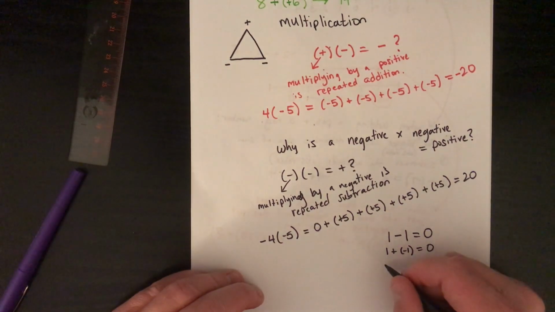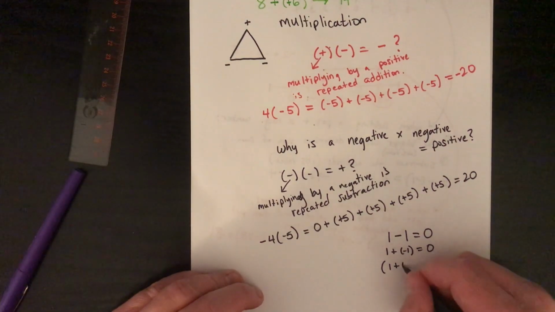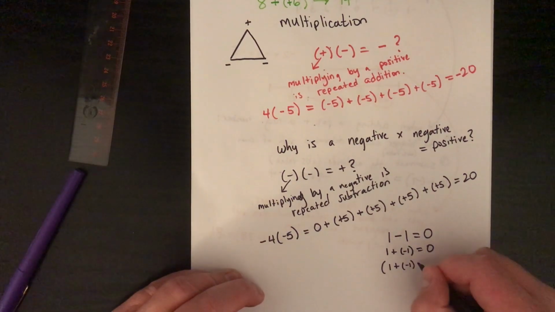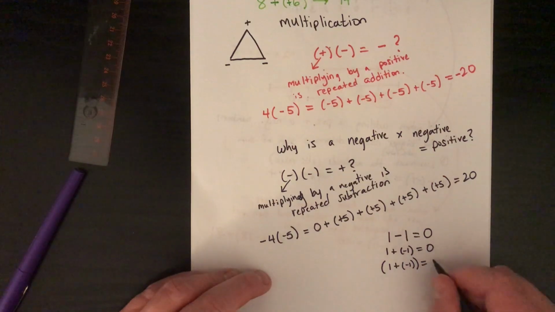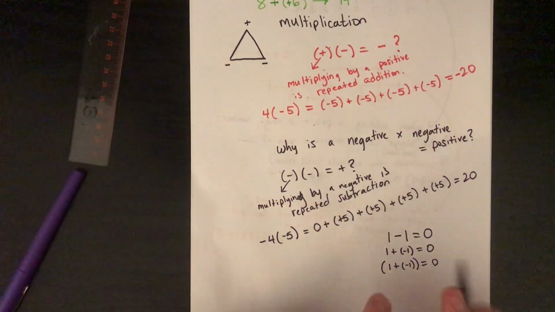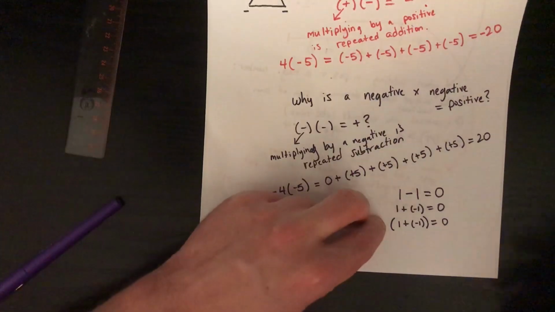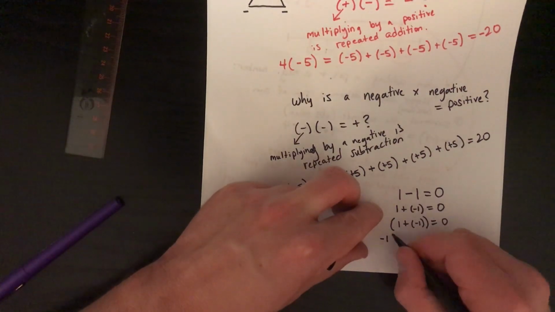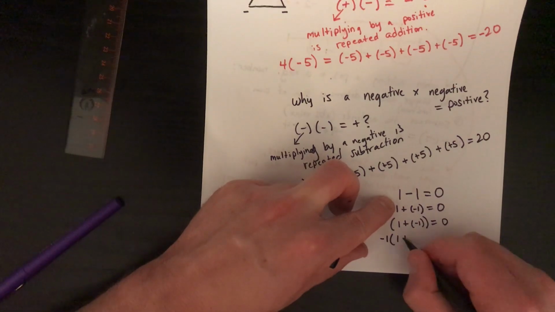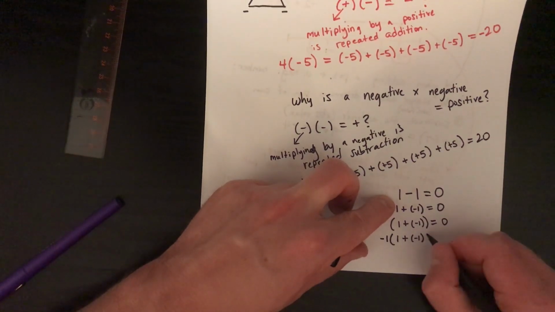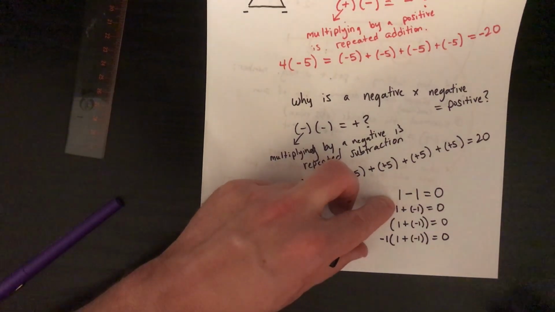And then I can put those things in parentheses without changing the values, right? 1 plus -1 in parentheses equals 0. And since this stuff in the parentheses equals 0, I can multiply it by any number I want and still get 0. So -1 times the quantity 1 plus -1 still has to equal 0.